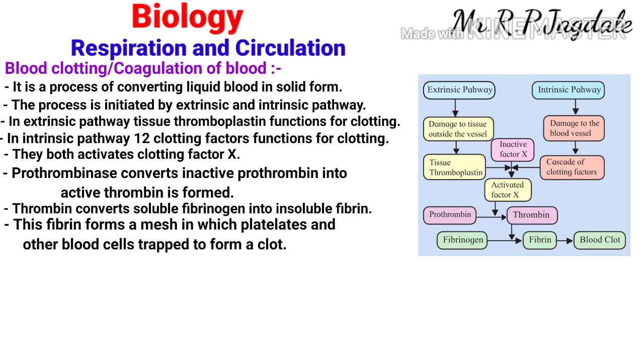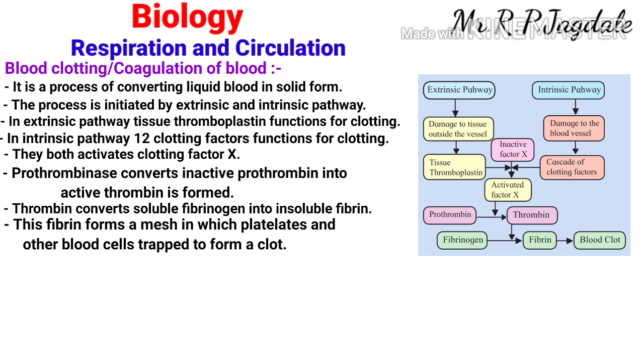If there is damage to the blood vessel, then the chain of 12 clotting factors, called the cascade, is activated. And if it is outside the vessel, then tissue thromboplastin is activated. Both tissue thromboplastin and the cascade of clotting factors activate factor number 10, that is prothrombinase.